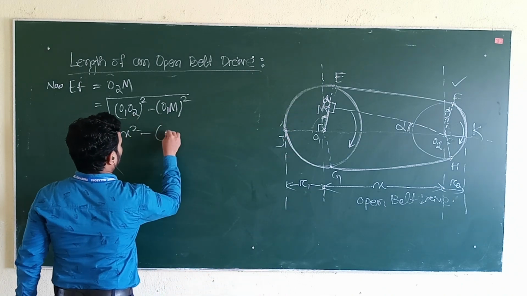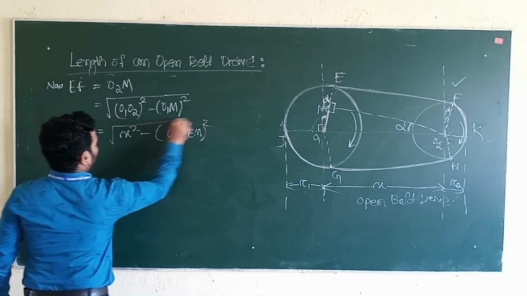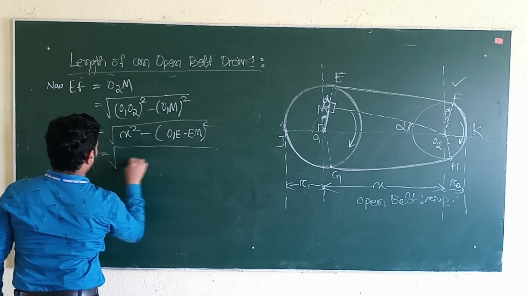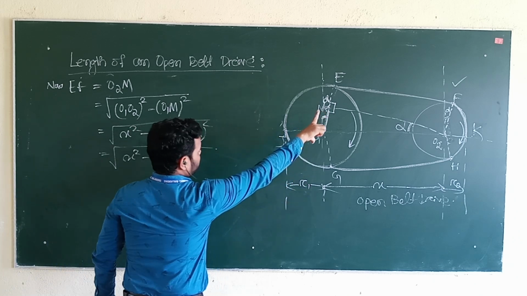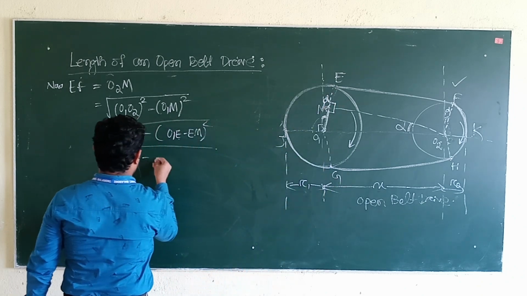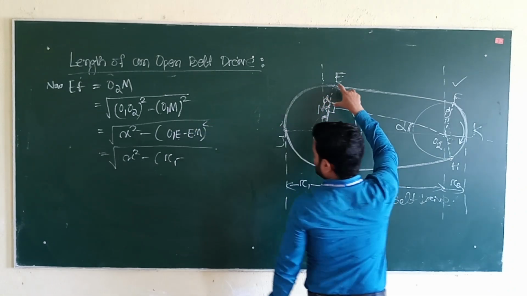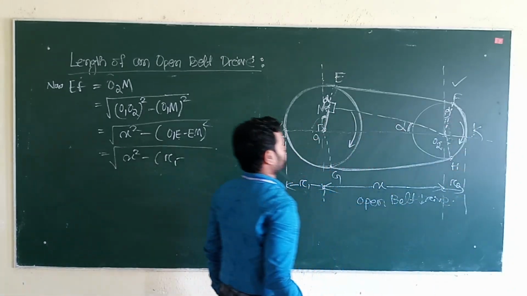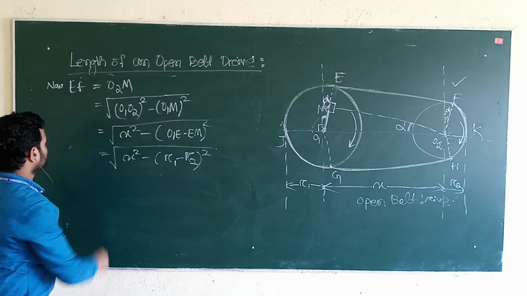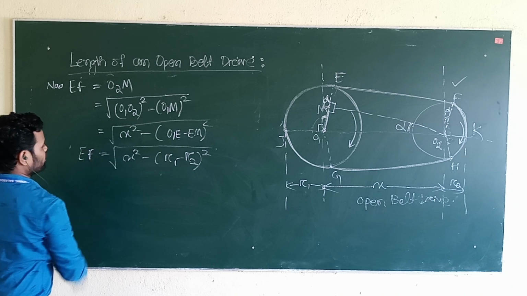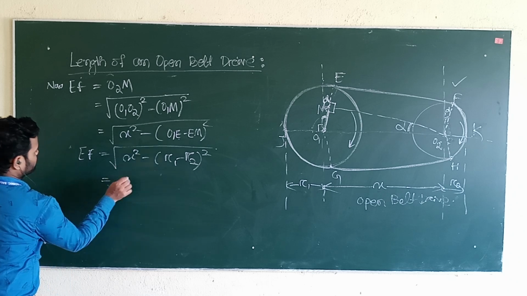O1M equal to O1E minus EM, so EF equal to root over under X square minus O1E, that is the larger radius pulley R1, minus EM, that is the radius of the smaller pulley R2. So R1 minus R2 square. So EF equal to root of X square minus R1 minus R2 square. We can write it in this form.